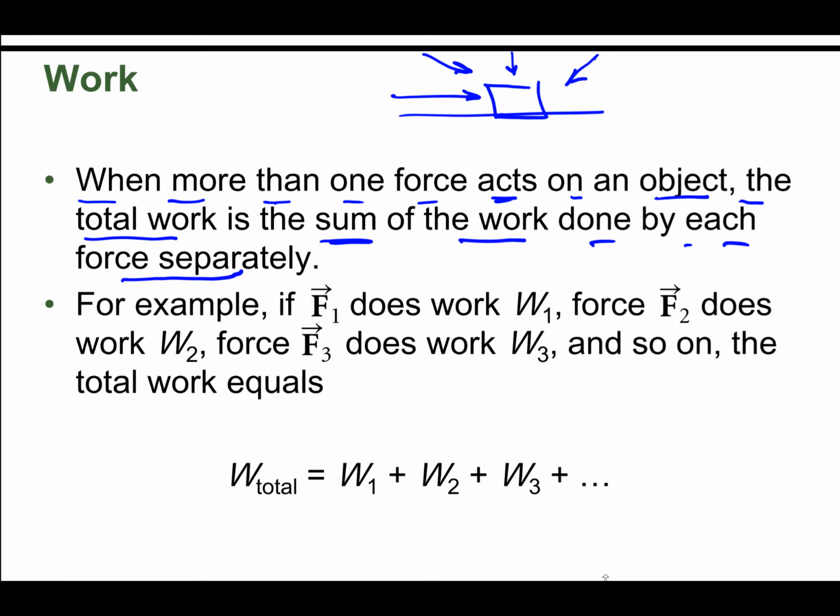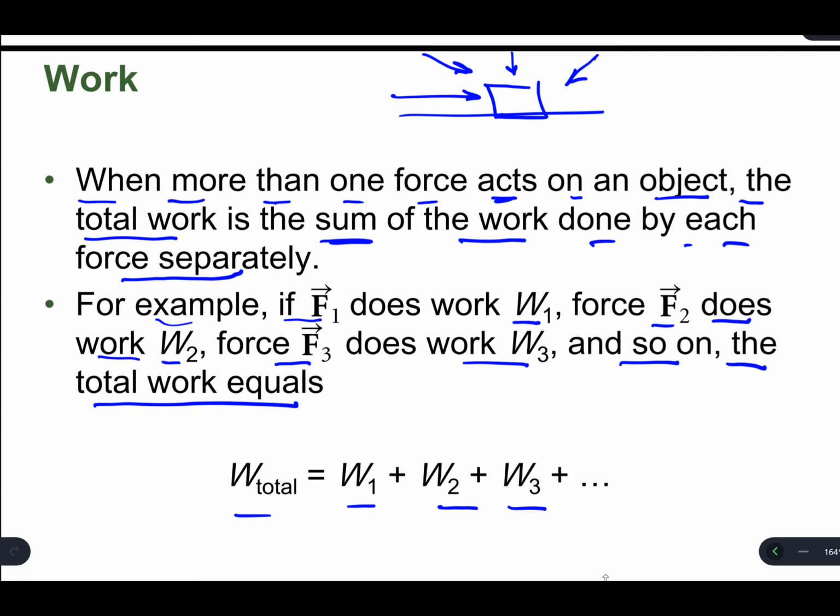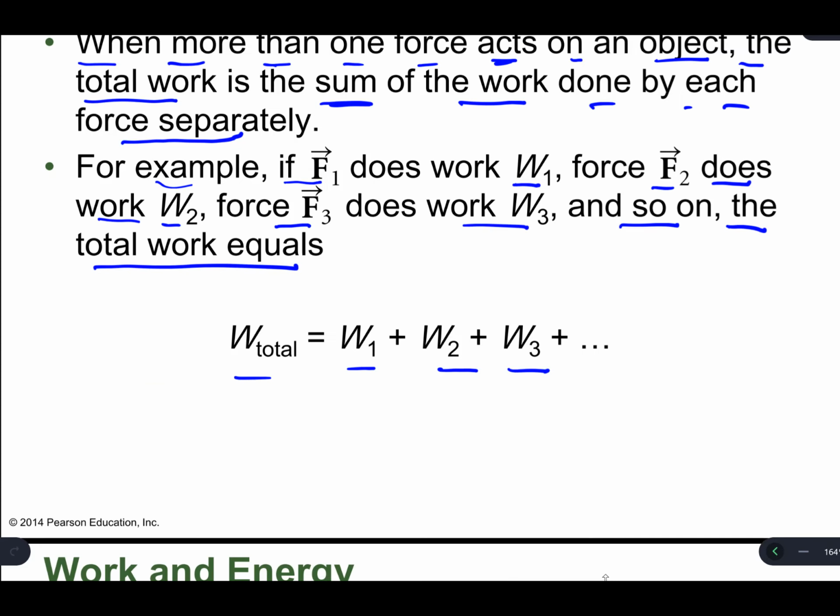We calculate the work done by each force, and after that we combine the work. For example, if F1 does work W1, F2 does work W2, F3 does work W3, and so on, the total work equals W1 plus W2 plus W3.